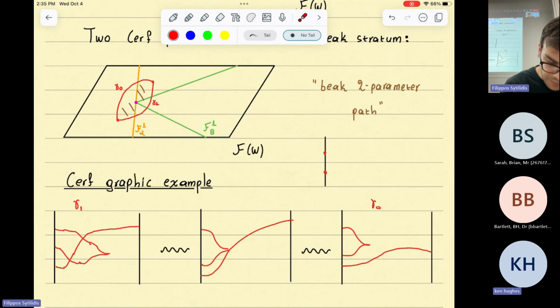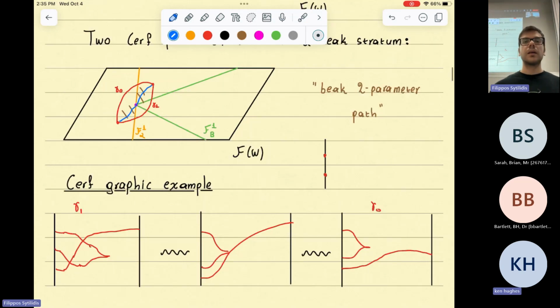So maybe I'll use a different color to indicate. It's like a path like this, which is going to be intermediate. And we can have the scenario on the first class.